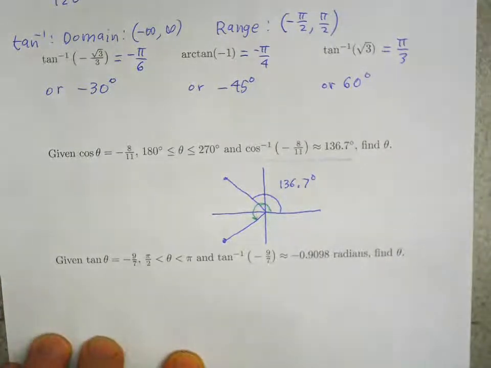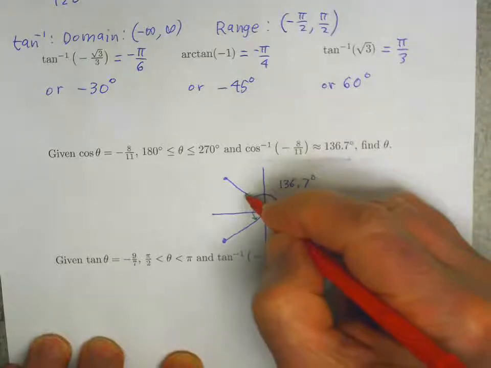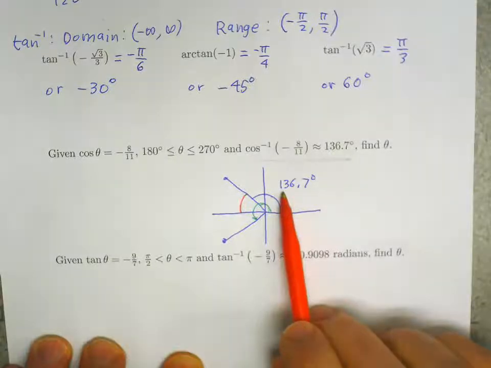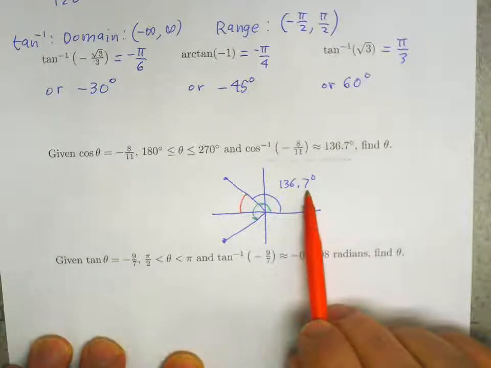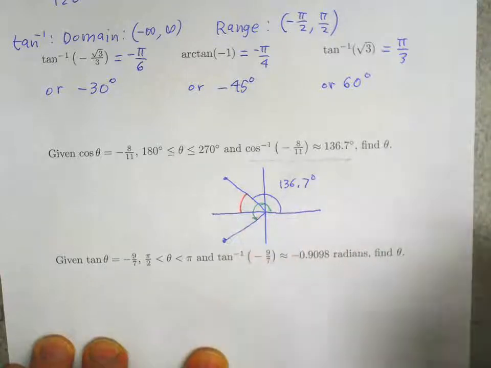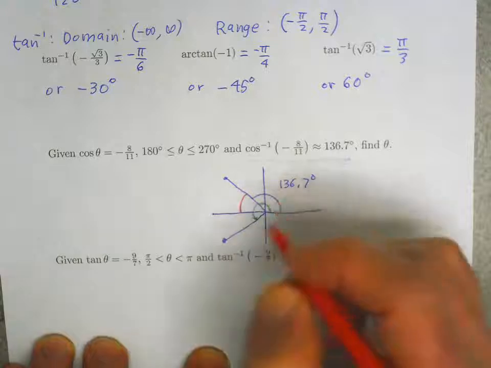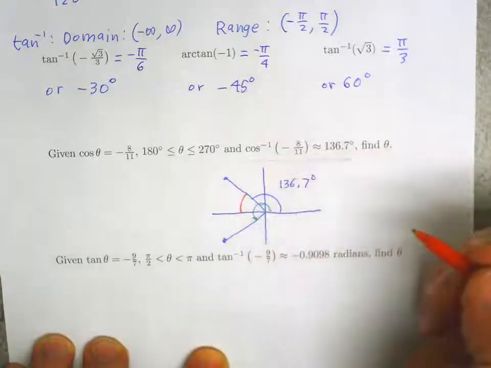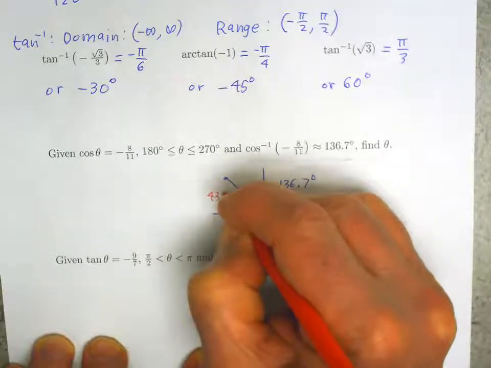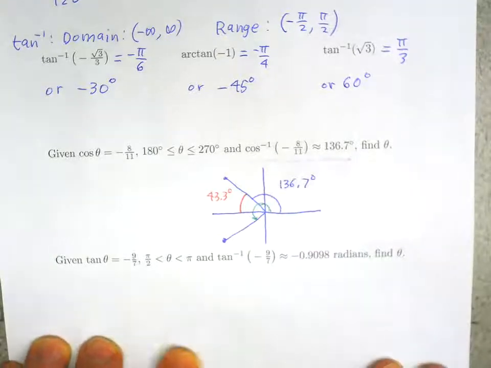Okay, well, it turns out that we can use the reference angle to 136.7. So 136.7 plus the reference angle has to add up to 180 degrees. So this reference angle is 43.3 degrees.